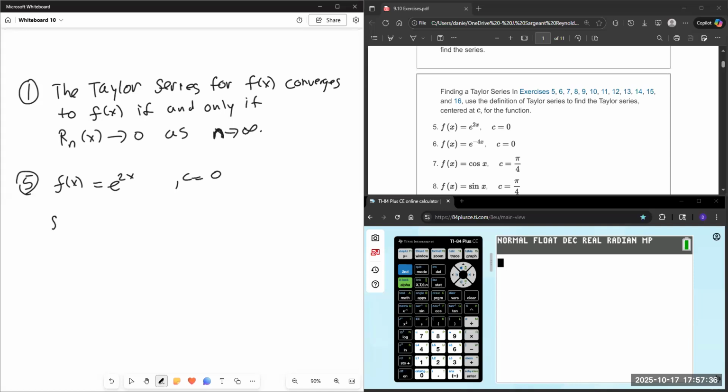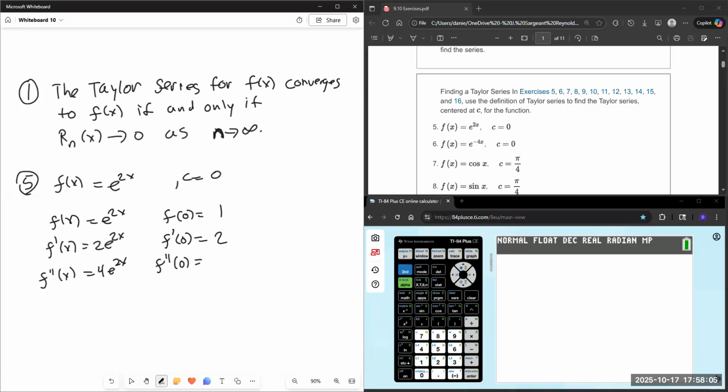So I'm just going to write f of x down again here because I'm making 2 columns for f of x and f of c, and then f prime of x and f prime of c, and then for f double prime of x and f double prime of c, and so on.